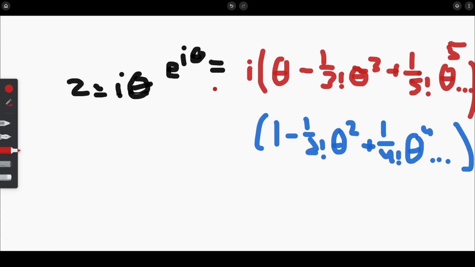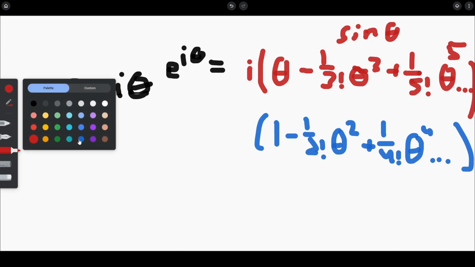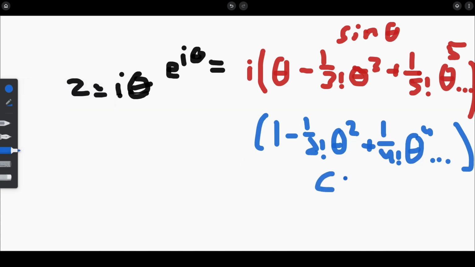And what's interesting here, if you were paying attention before, you can see that this is just sine. While this infinite series right here, the one that i isn't part of, is cosine.